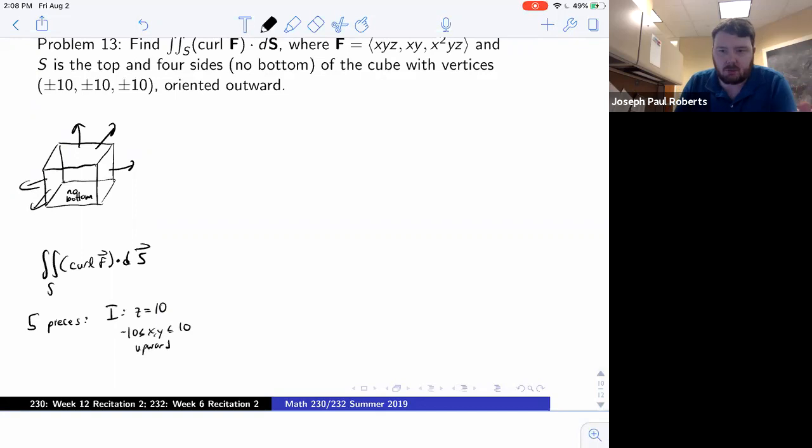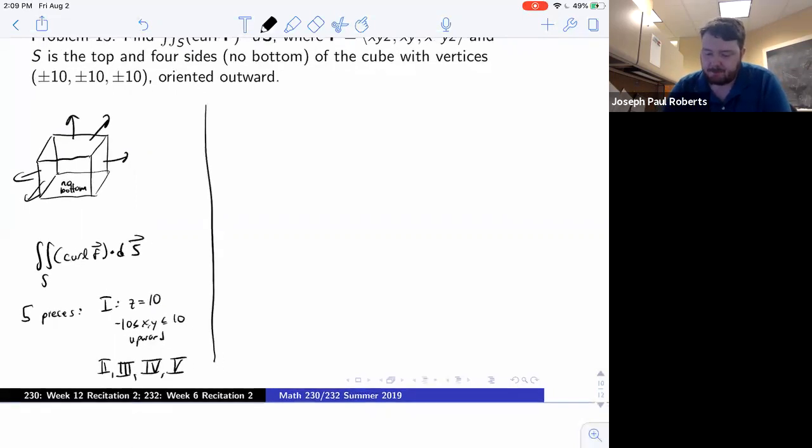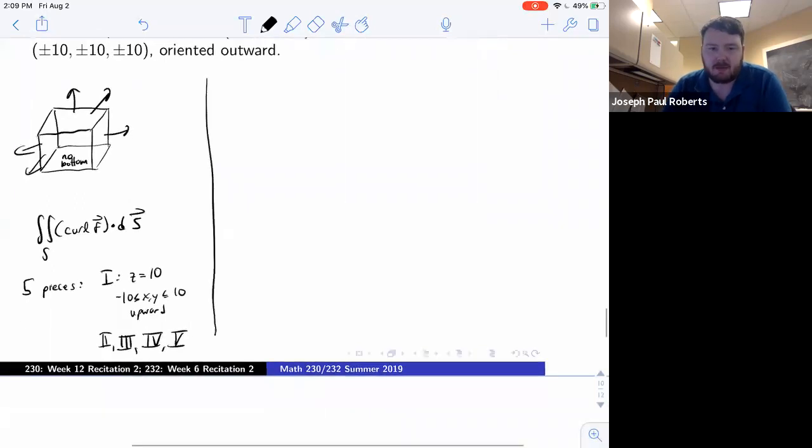And then piece 2 would be the front piece, x equals 10, for y and z between 10 and negative 10, with positive x orientation, and so on and so forth. But it's 5 different squares. And so you could do the flux on each of those and add them up.